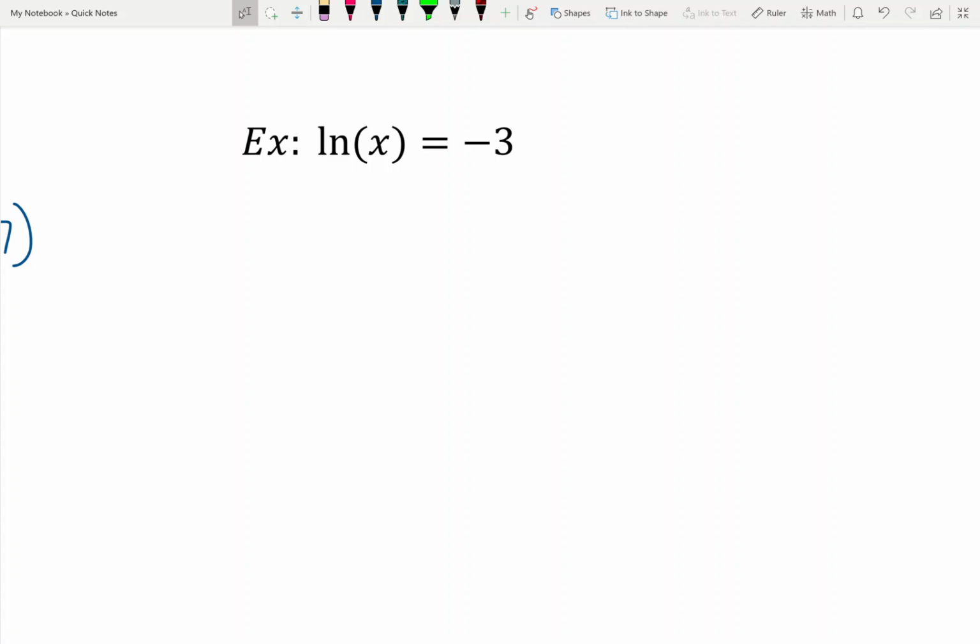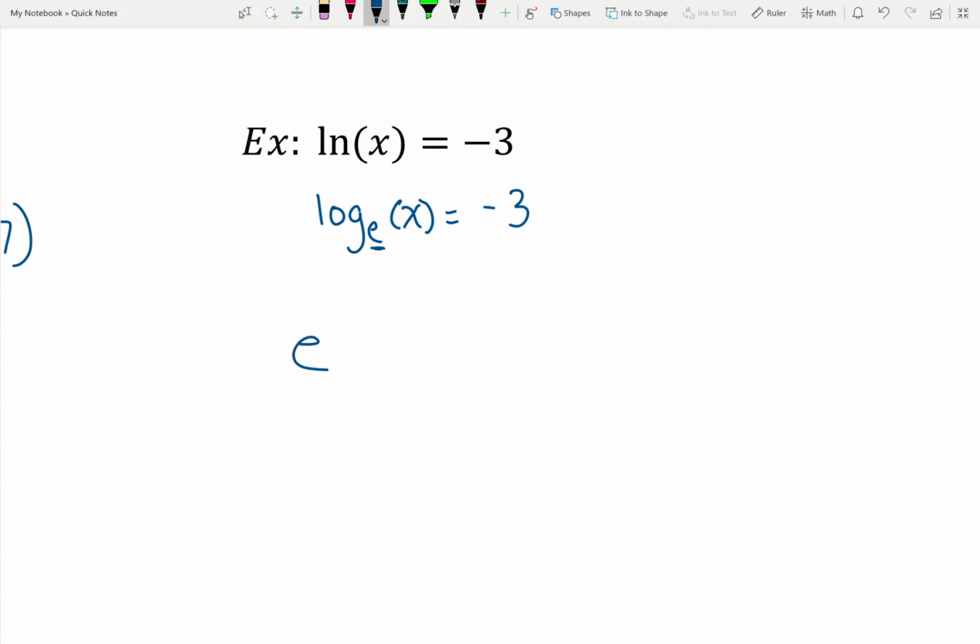So next one, we'll have ln of x equals minus 3. So I have, again, log base e of x equaling minus 3. I have to get rid of this log, so I have to put it in the exponent of something with the same base, which here it will be e.